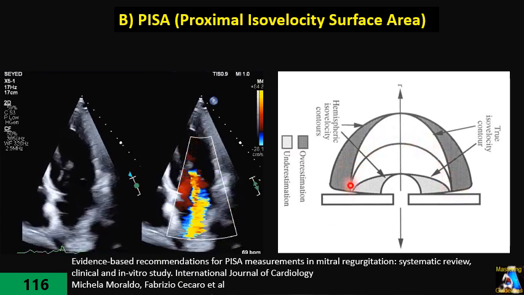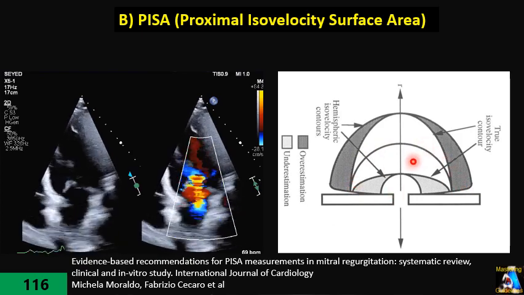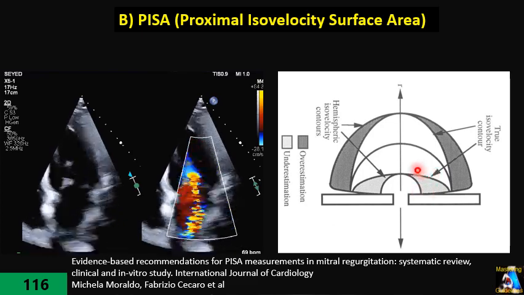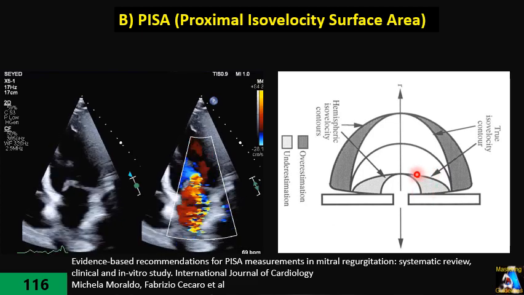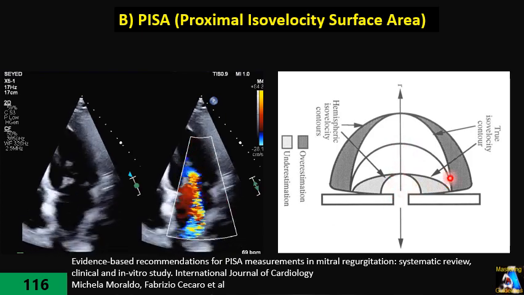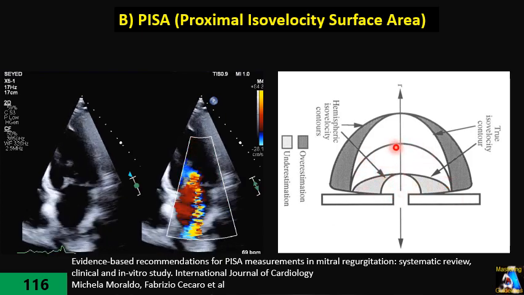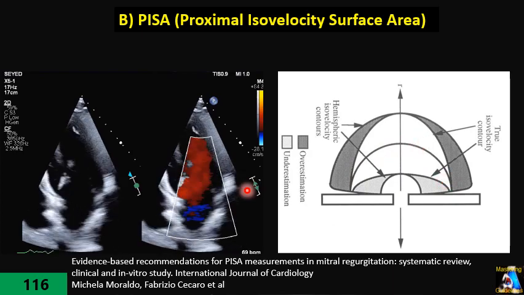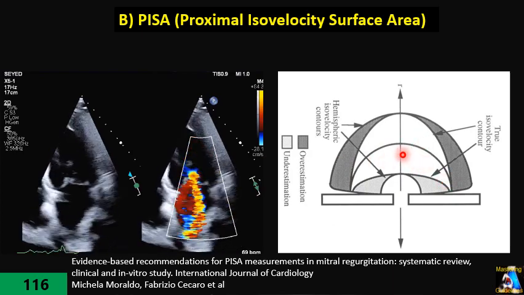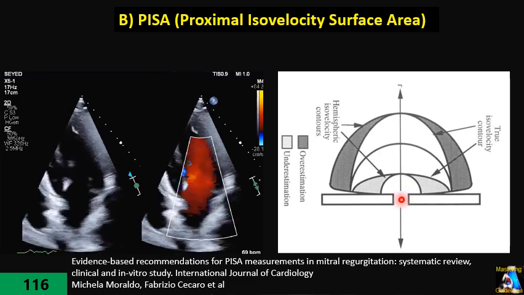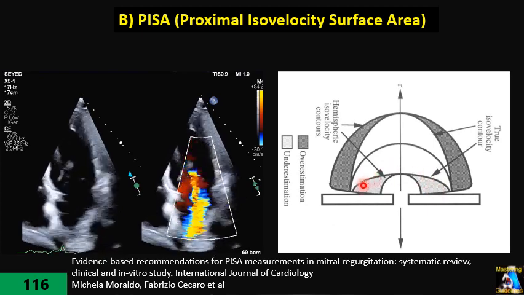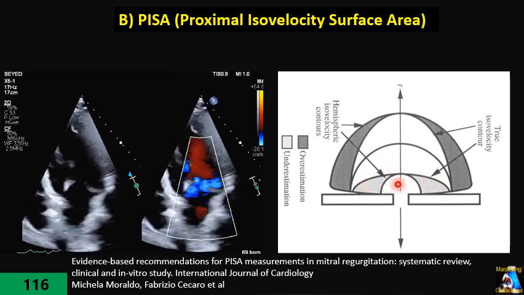This semicircular shape is our flow convergence area, or PISA, proximal isovelocity surface area, and we measure the radius of this semicircular blood flow pattern on the proximal side of the orifice. If we go even closer to the orifice, the blood flow pattern becomes more flat.